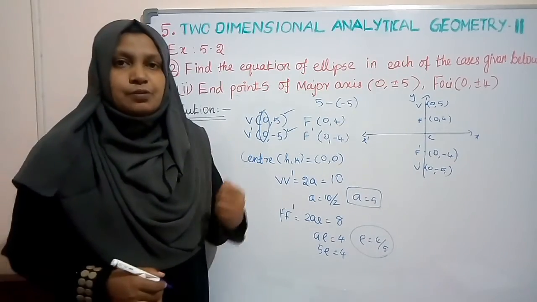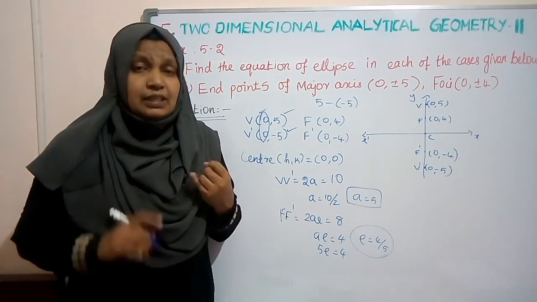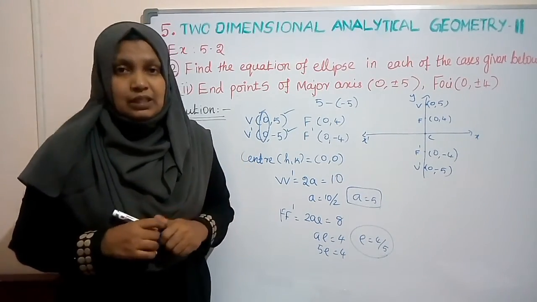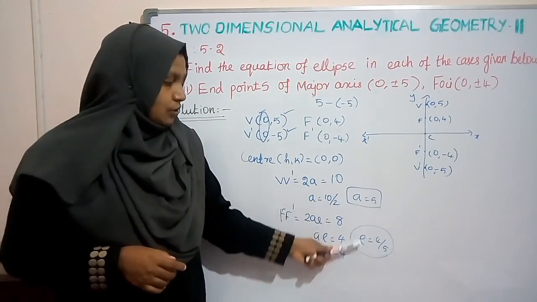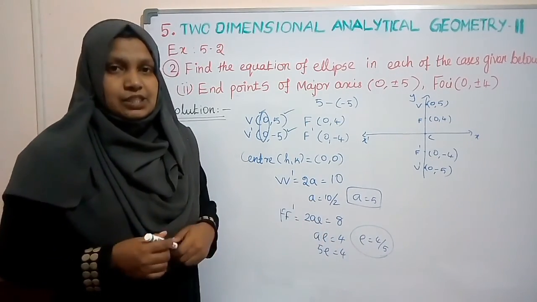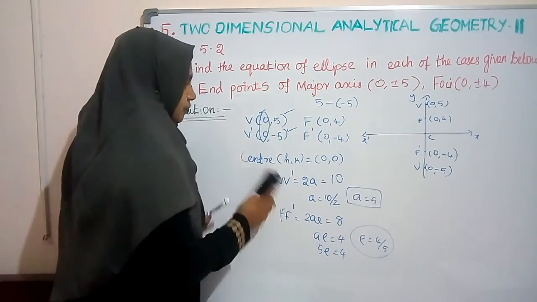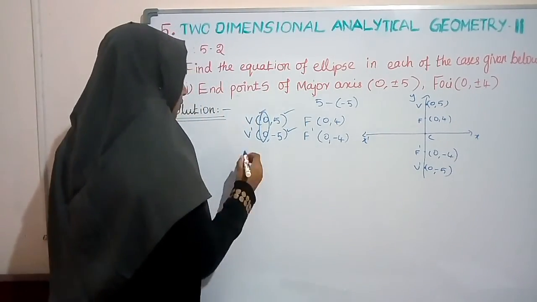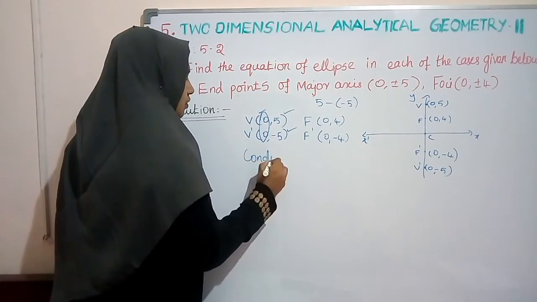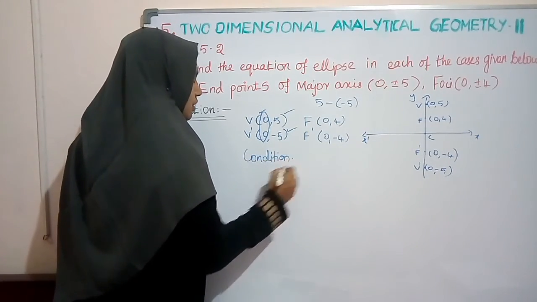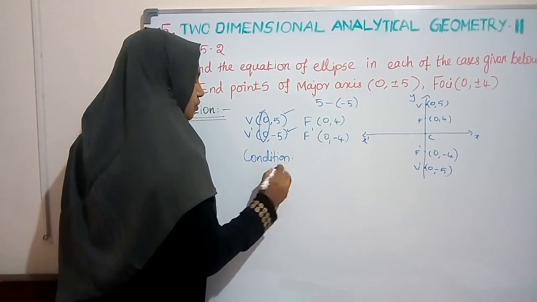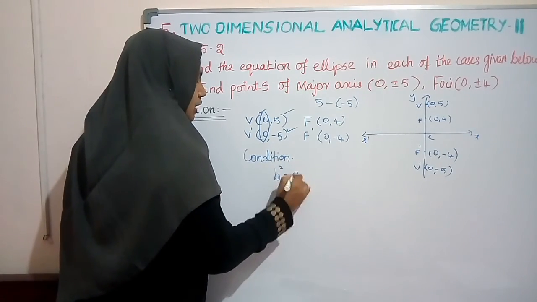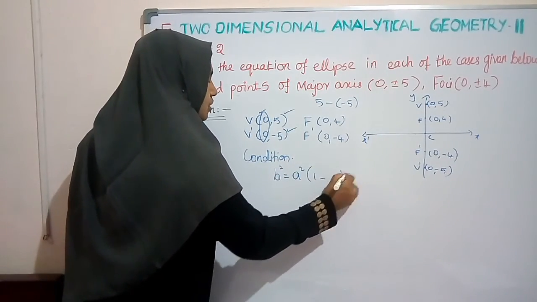So when you find b value, we need a and also e. Now we got both the values. Using this we can write the condition for the ellipse. b square is equal to a square into (1 minus e square).